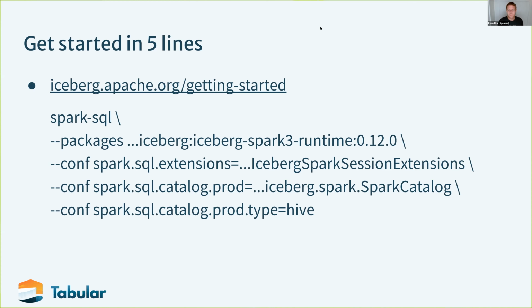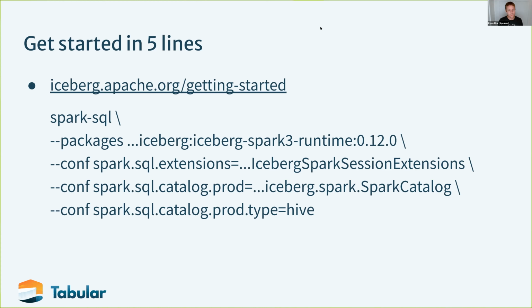We're enabling Iceberg SQL extensions. Those add the new DDL statements that I was talking about, like alter table, add partition field, and a lot of other rich ways to interact with your table. Things like setting the sort order on your table so that when you write from Spark, you get that sort order. And then we're also creating a catalog.